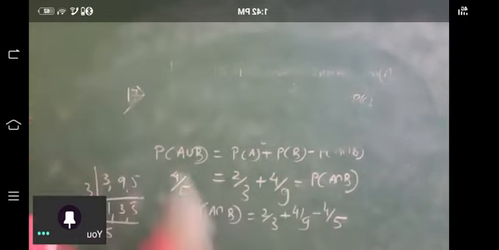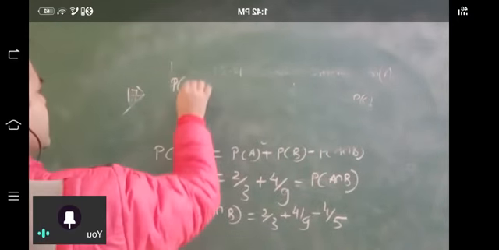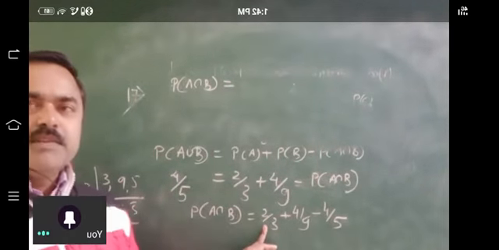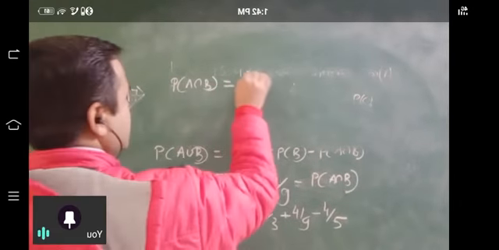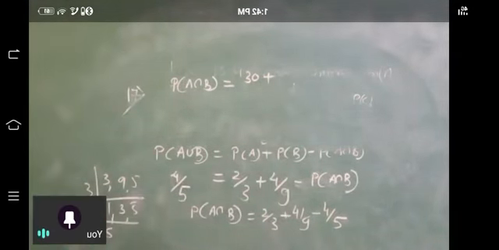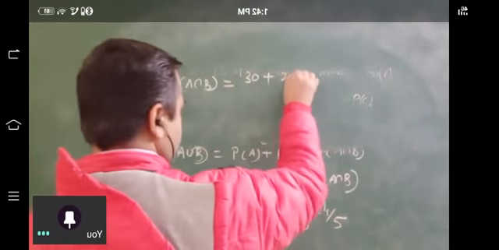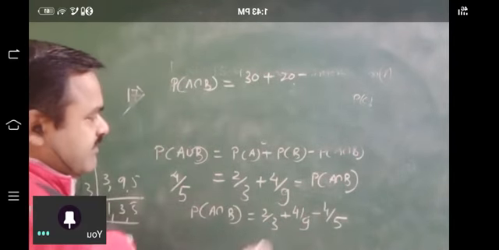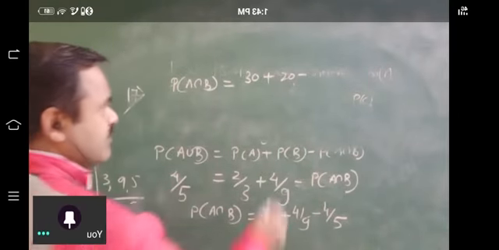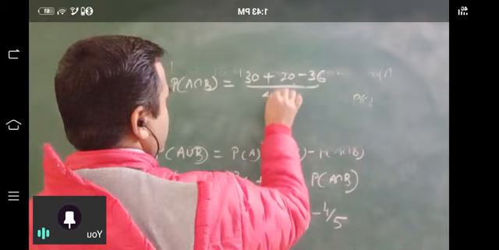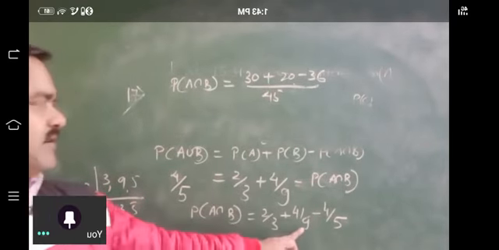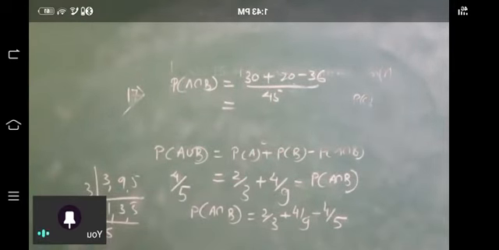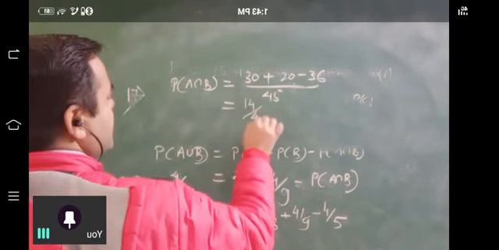So probability of A intersection B is equal to: divide 45 by 3 gives 15, 15 twos are 30, plus 45 divided by 9 gives 5, 5 fours are 20, minus 45 divided by 5 gives 9, 9 fours are 36, all divided by 45. Okay, 30 plus 20 is 50, and 50 minus 36 is 14, so 14 by 45.